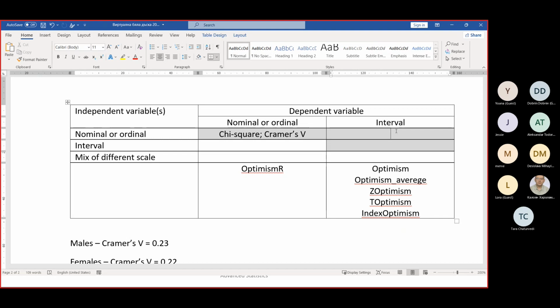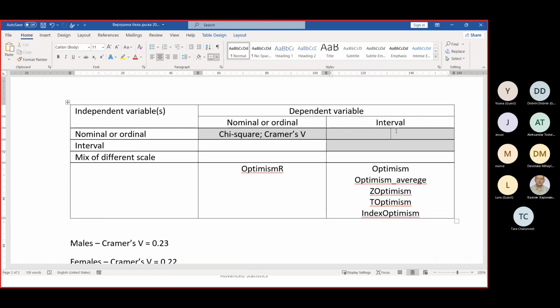Since now is 11:30, that means that it's time to break. I will stop here, and I will continue with additional independent variables after the break.